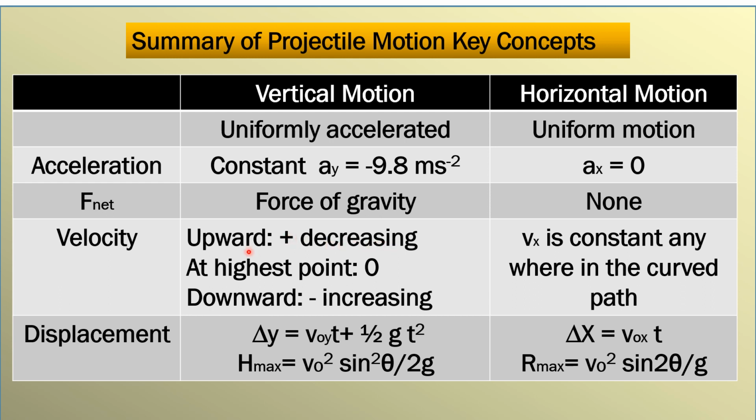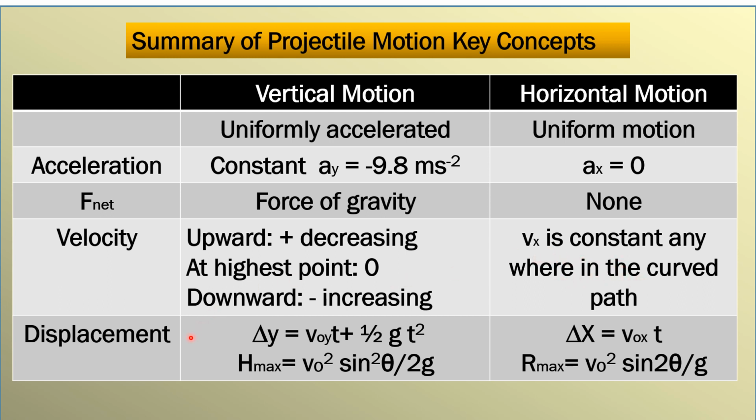When it reaches the highest point, the vertical component of its velocity is equal to 0, and on its way down, the magnitude of its velocity is increasing, but since it's downward, therefore it is negative. While for the horizontal component, Vx, that's how we label it, it is always constant anywhere in the curved path.